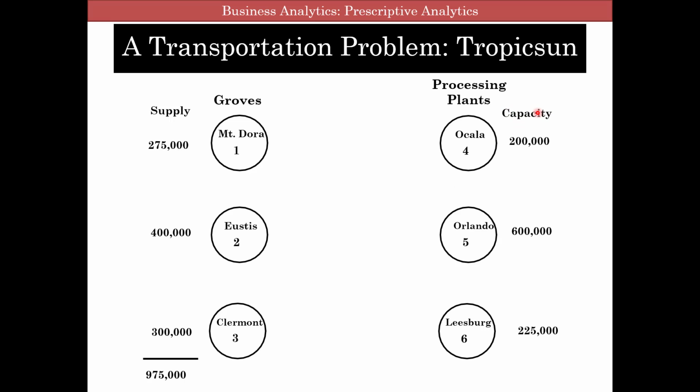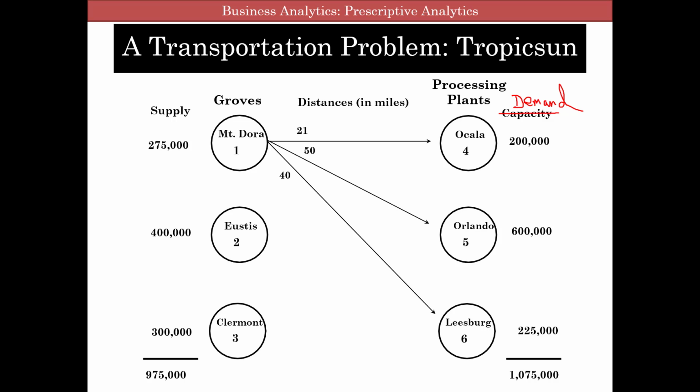Sometimes when you say capacity it gets confused, so let's just call them demand. That's 1,075,000, so definitely your supply is less than demand here.